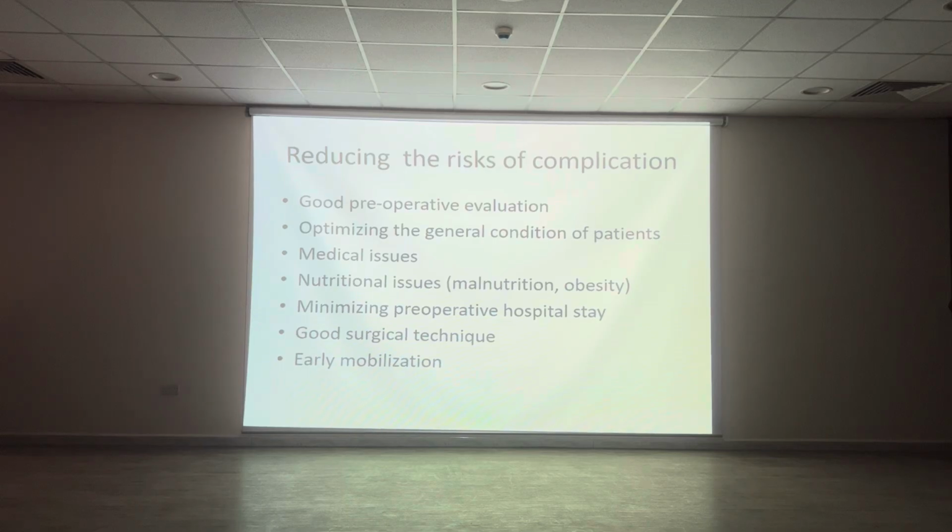Nutrition is one of the most important pillars of the management of a surgical patient, because surgery wouldn't give a good outcome unless the patient has adequate nutrition. Sometimes you may need to postpone the surgery to correct the patient's nutritional status.